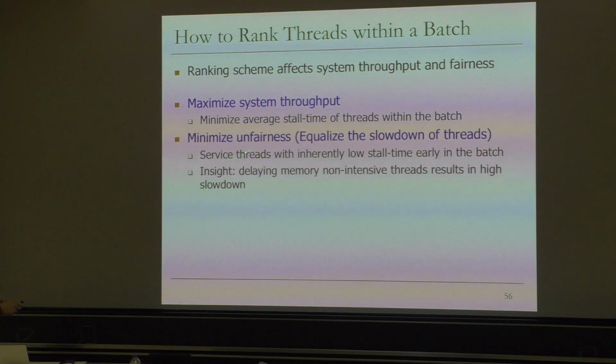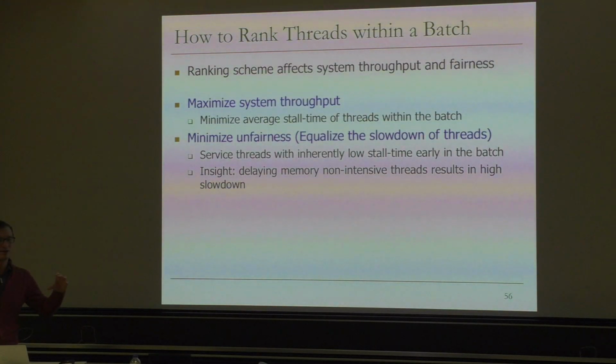If you want to minimize unfairness, meaning equalize the slowdown of the threads, you really want to service threads with inherently low stall time early in the batch. Now, what does this mean? Assume that you have two threads. One has a stall time of 1 second, the other has a stall time of 10 seconds. Assume that both of them are delayed by 1 second. Who slows down more? Clearly the thread that has the lowest stall time.